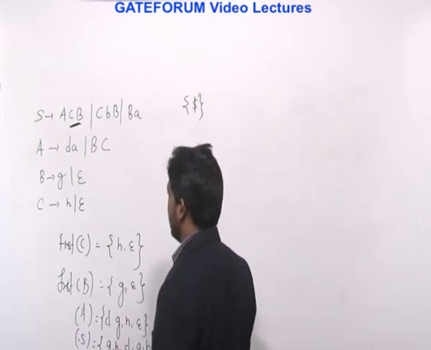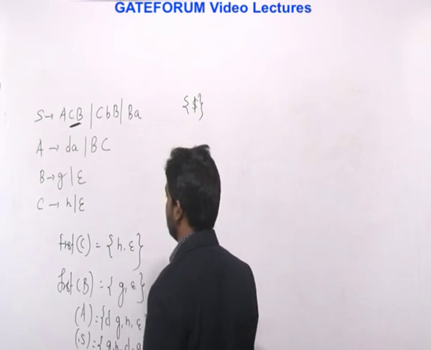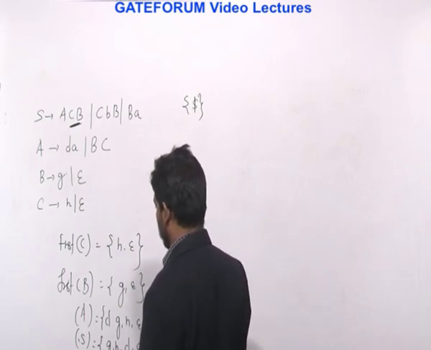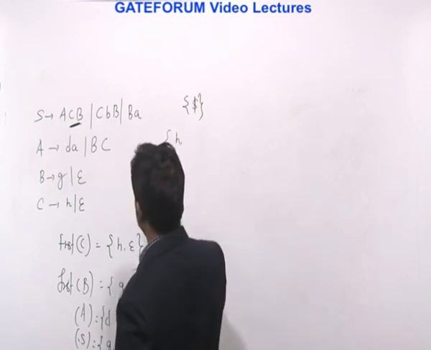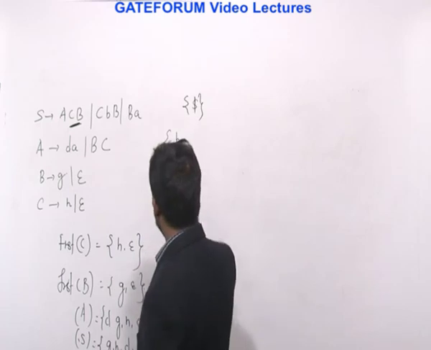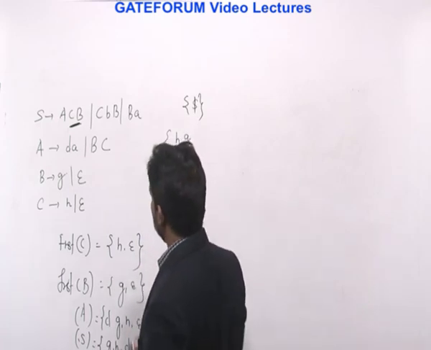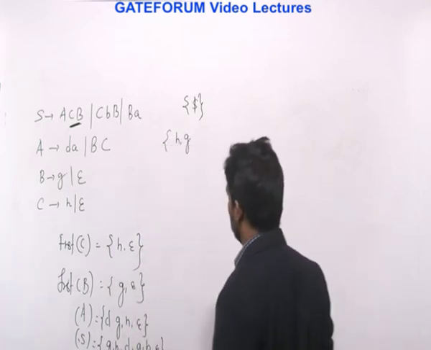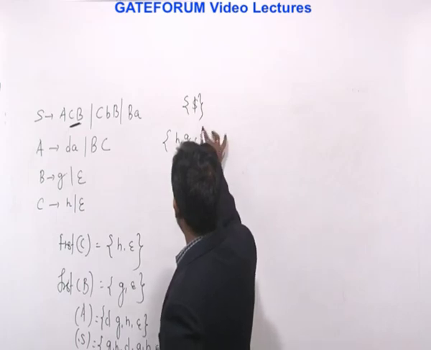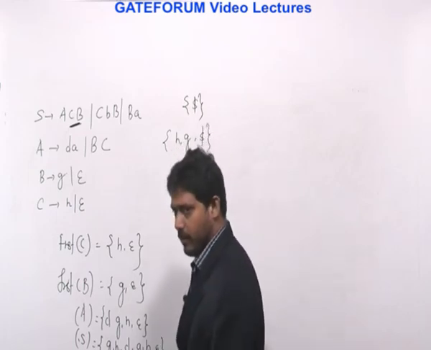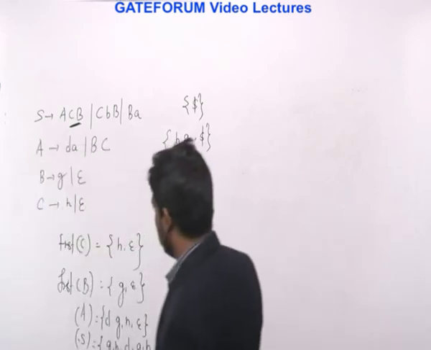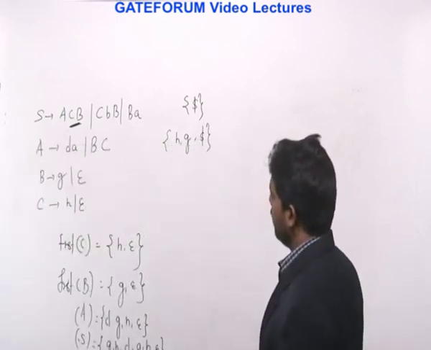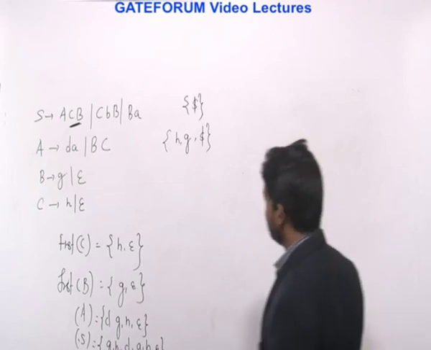The follow of A is first of capital C, and first of capital C is H. So I will write here H. If it is epsilon, then first of capital B, then G. And if both are epsilon, then follow of S, which is equal to dollar. If you find there is a mistake in any calculation, you can rectify and verify it later also.